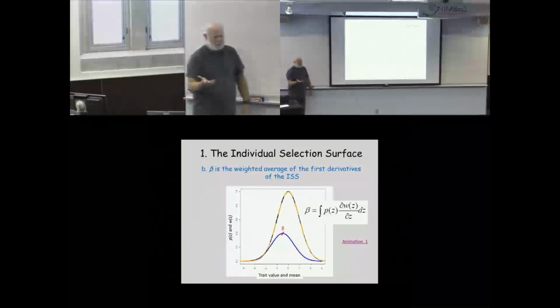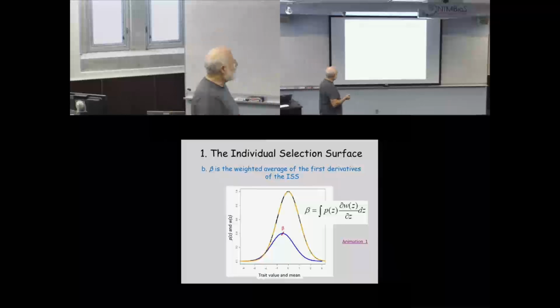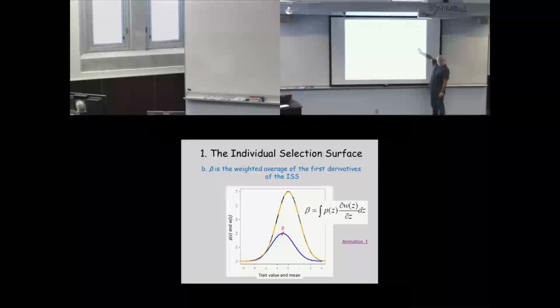Okay, so next question. How is this surface, the actual individual selection surface, related to the coefficients we talked about last time, in particular beta and gamma? Now, it's a little bit complicated, but not too complicated. We're having to look at integrals, remember?